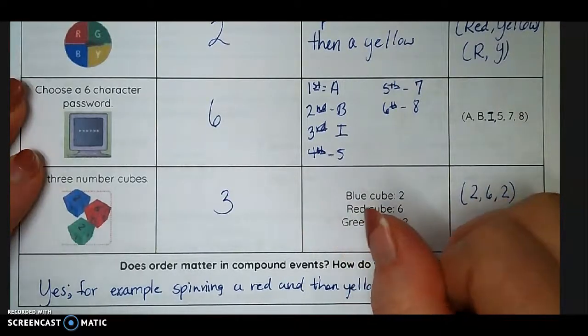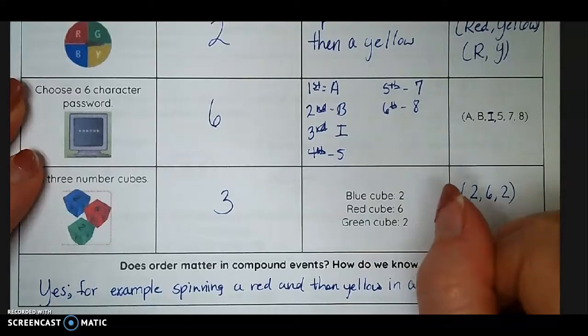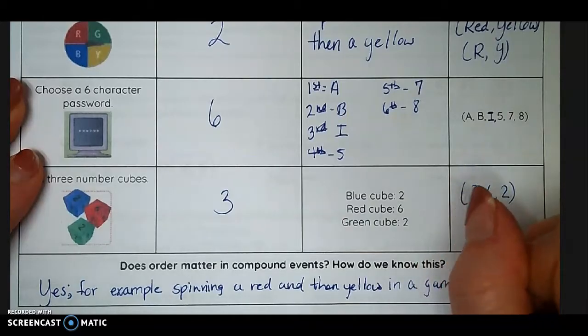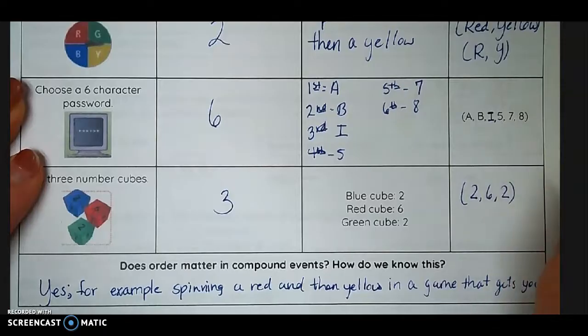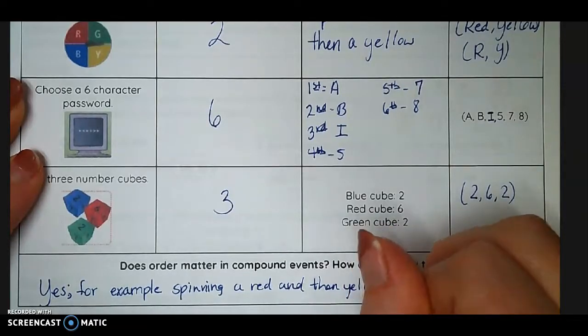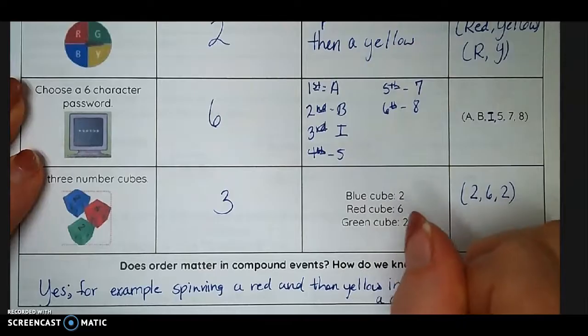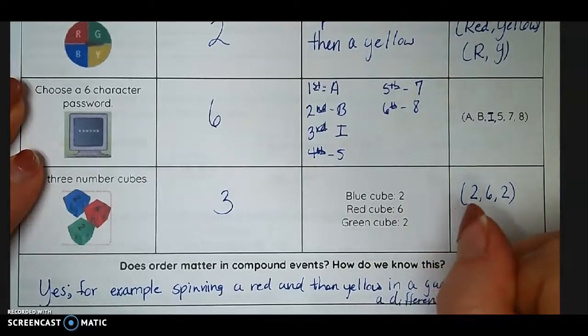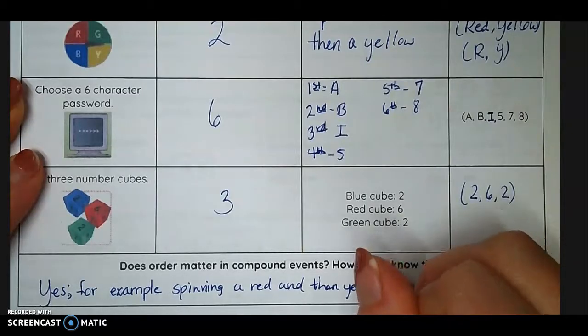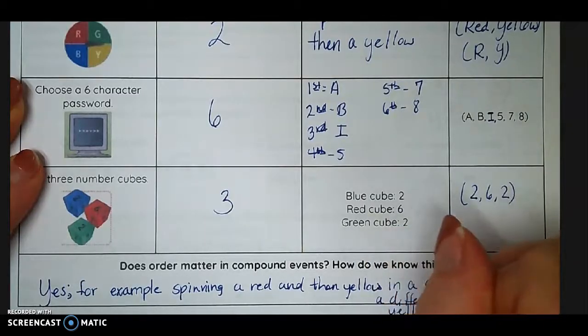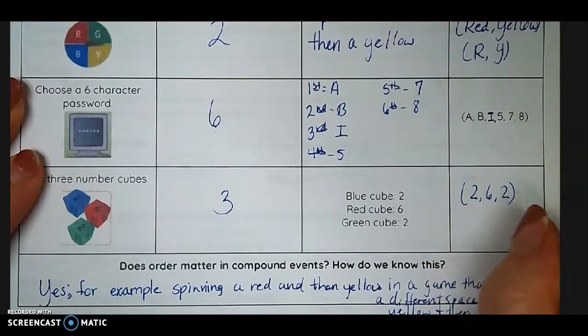And maybe in a game that you're playing, that gets you a different space. Then spinning a yellow, and then a red would.